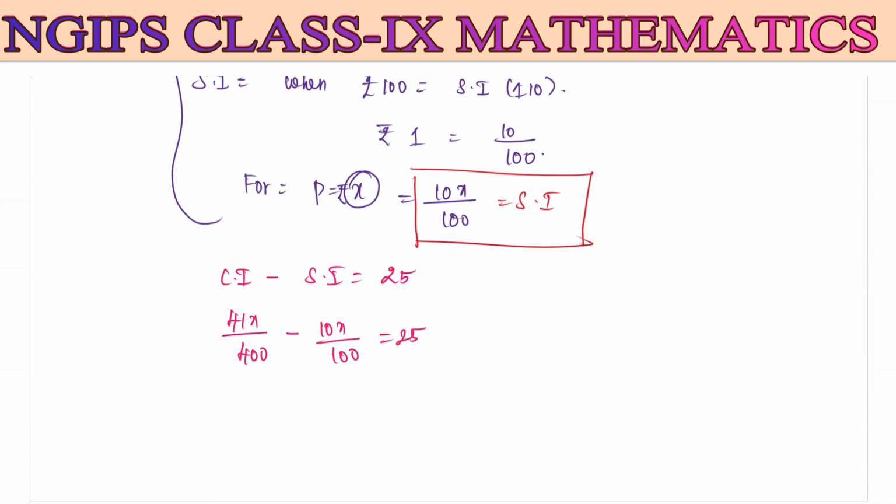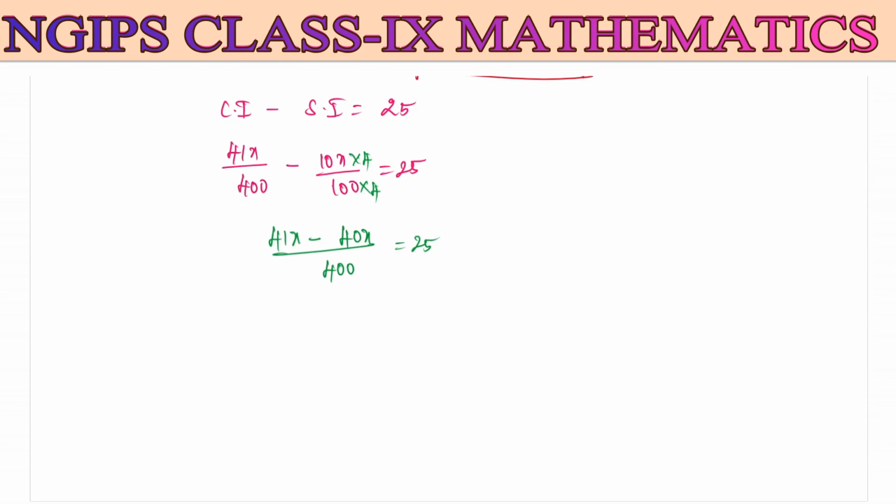Here we need to make the denominators the same, so I multiply both numerator and denominator by 4. 41x minus 4 into 10x, which is 40x, divided by 400 is equal to 25. And here 41 minus 40 is x.